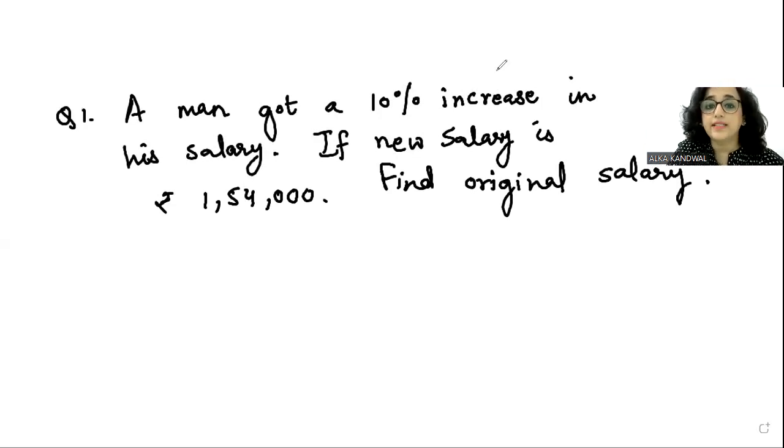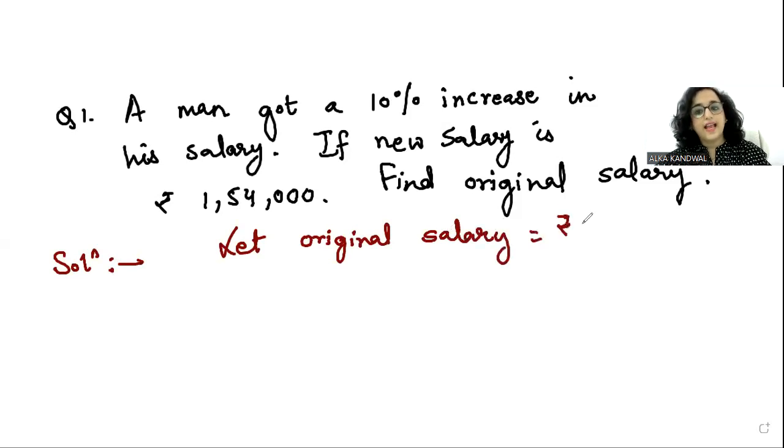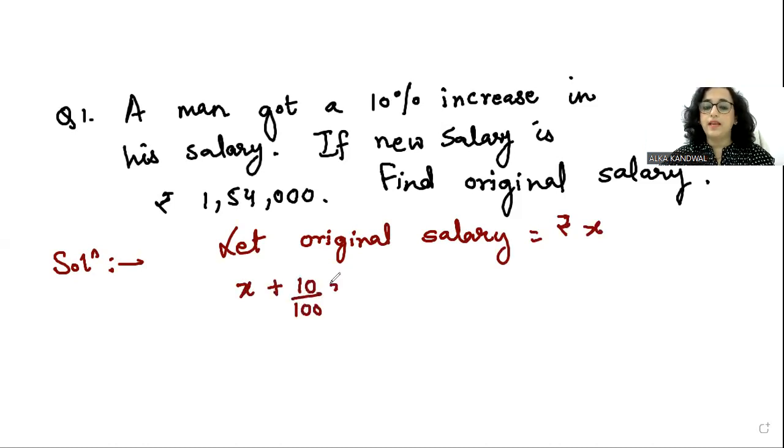So the question says, let us read the question again. A man gets a 10% increase in the salary. Fine. So if his new salary is given, find the original salary. So let us take the original salary to be rupees X. And there is a 10% increase, means X plus 10% of X. इंक्रीज हुआ और उसकी वैल्यू कितनी आ गई? 1,54,000.